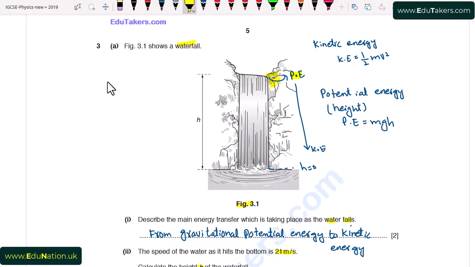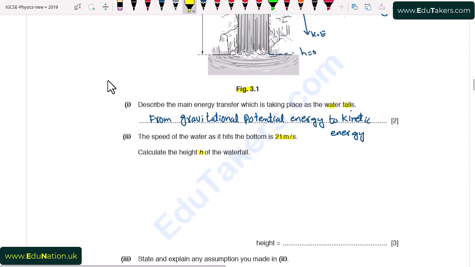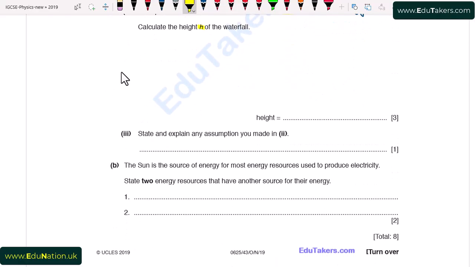So I can simply write that the loss of potential energy will be equal to the gain in kinetic energy.